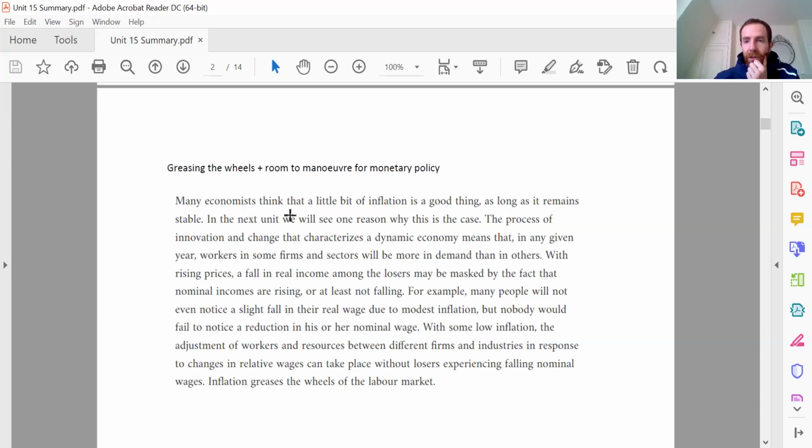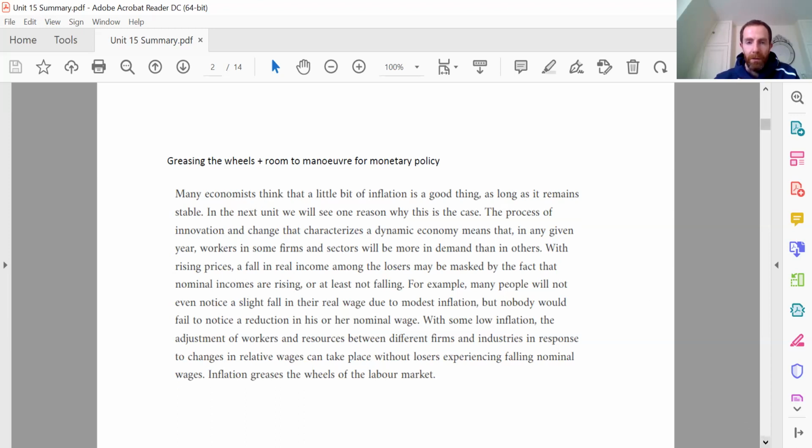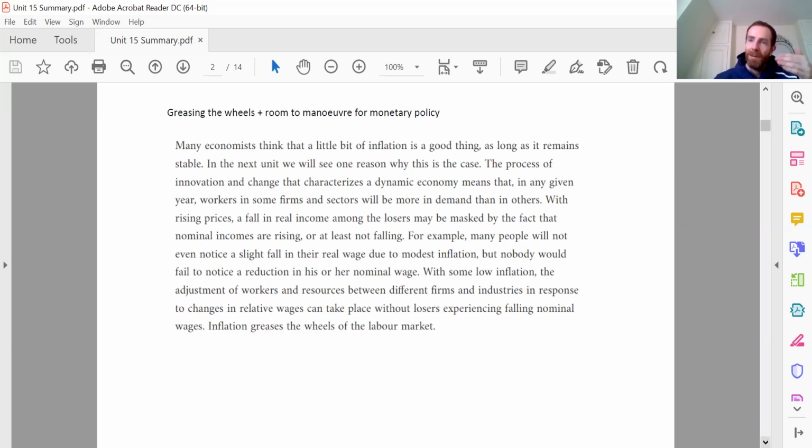If inflation is zero, then there's a lot less room for them to have an impact on the economy by changing the nominal interest rate that they are setting. So that's the second reason why low inflation can be a positive thing. It gives the central bank a bit of room for maneuver. It allows them to have an impact on the real interest rate, whereas if there isn't very much inflation at all, then they can't really do that. So those are some of the reasons why inflation can potentially be a useful thing.